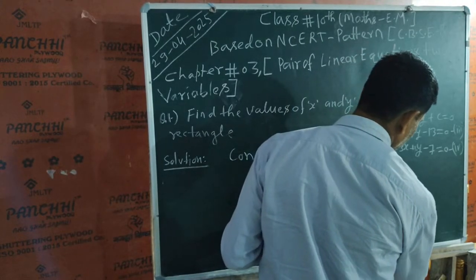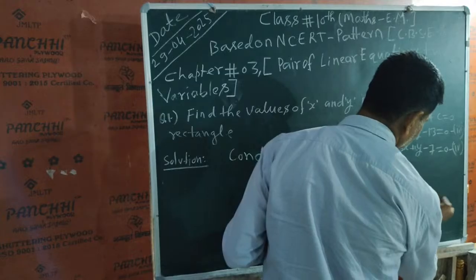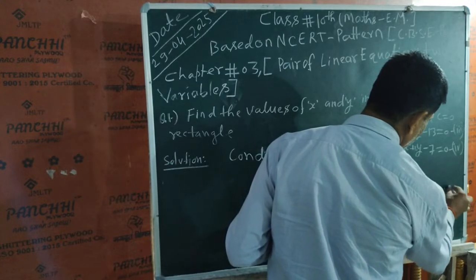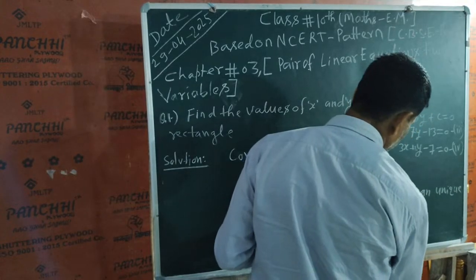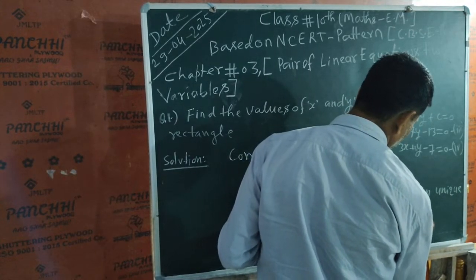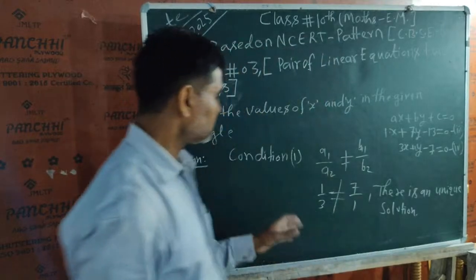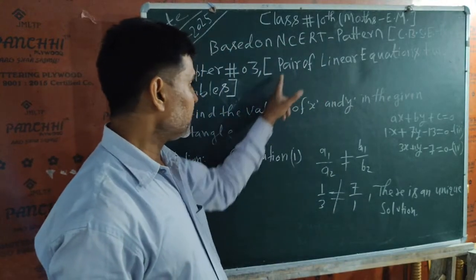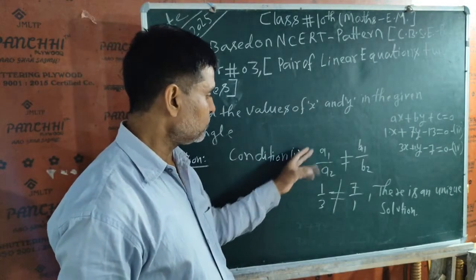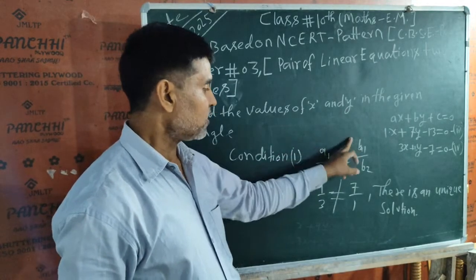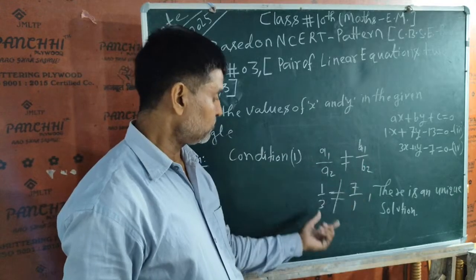There is a unique solution. So here I have written. Okay, student, in a pair of straight lines, this is the first condition. I have got the value of a1 divided by a2, and also the value of b1 divided by b2.